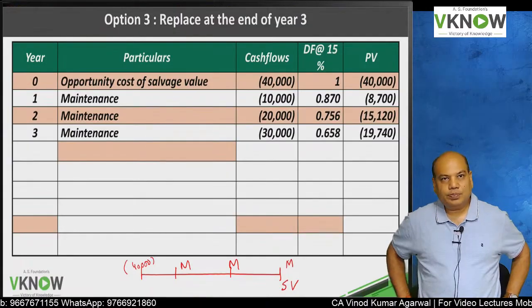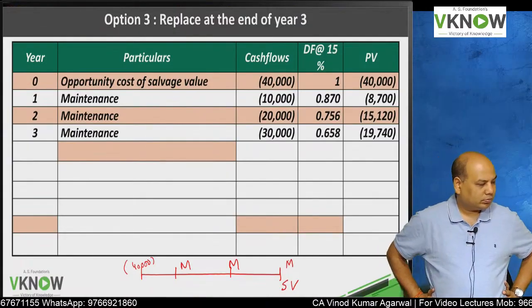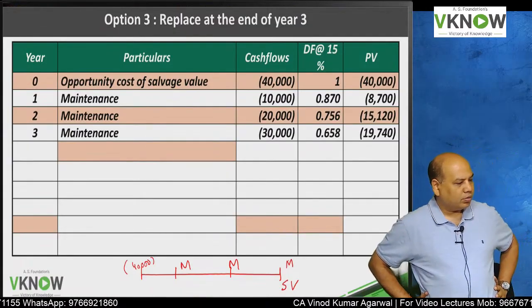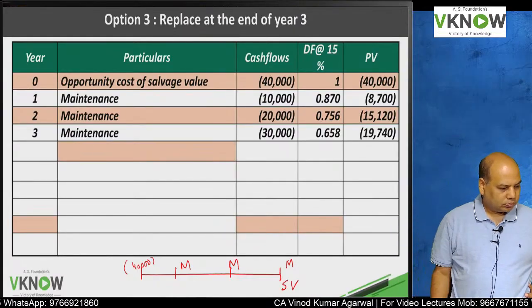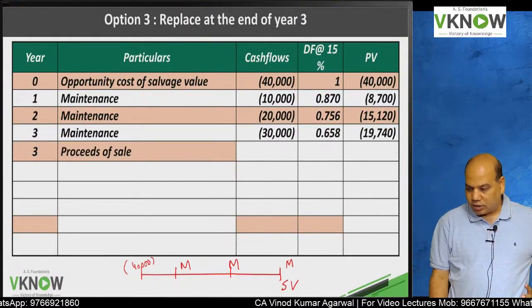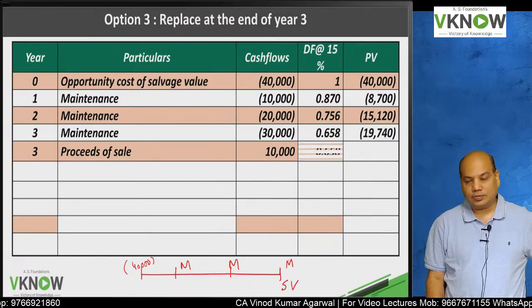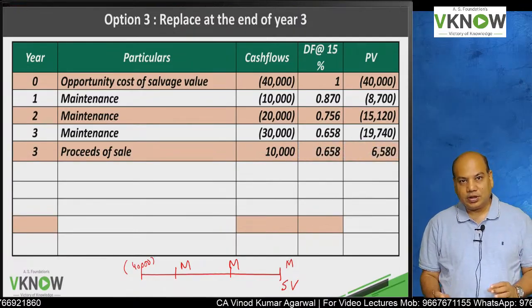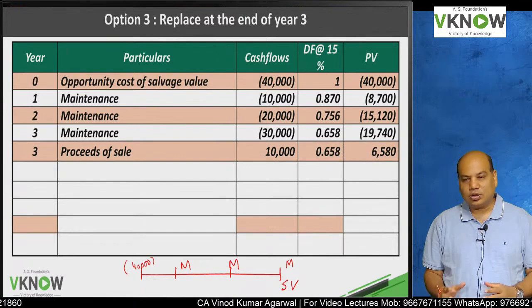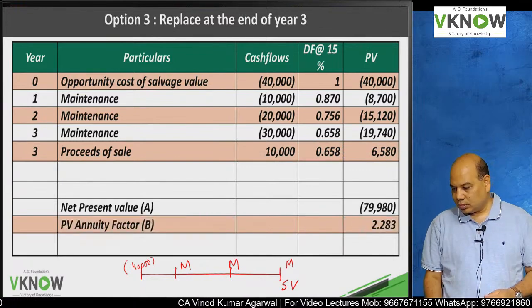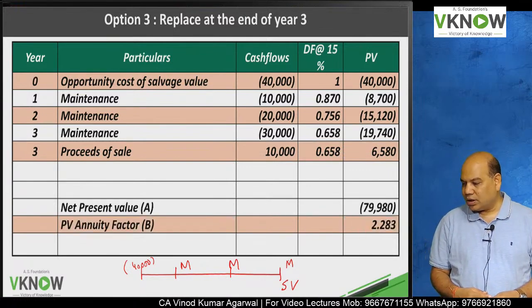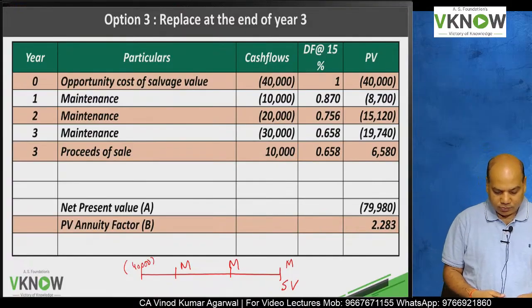Compute present value also. Then in year 3 there is a sale proceed of 10,000. Now please take the total. So NPV is 79,980. Please check.